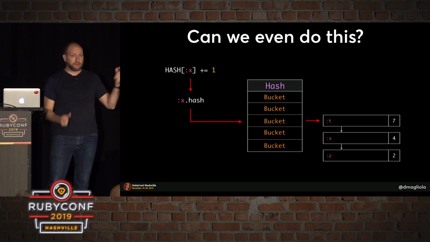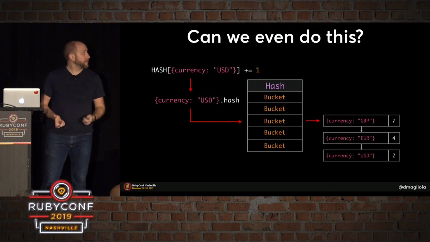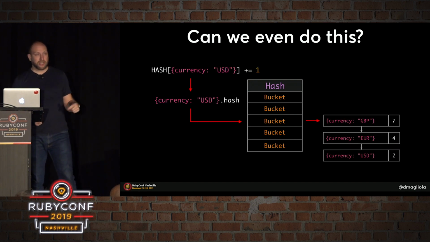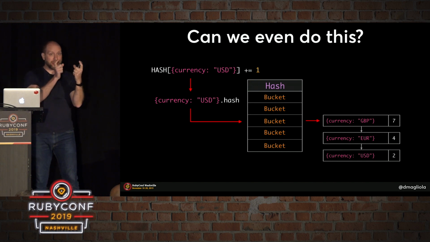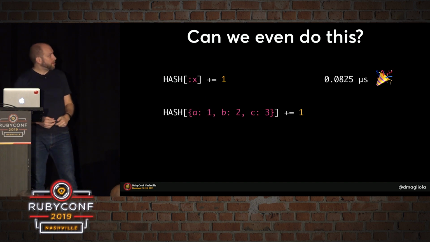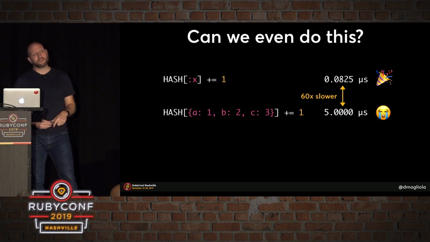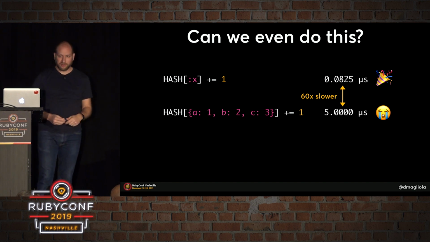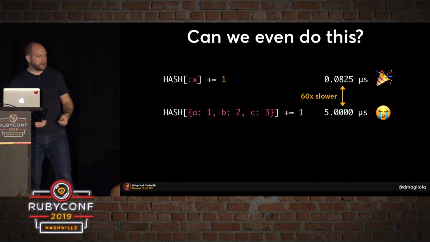When your key is a constant, you're comparing constants with constants. That's pretty fast. If your key is a hash, now that you found the bucket, you need to compare the hash with all the other hashes, which is much slower. Now, how slow depends on how big those hashes are. So, for example, if you have a metric with 3 labels, that's going to be 60 times slower, which is terrible for us.